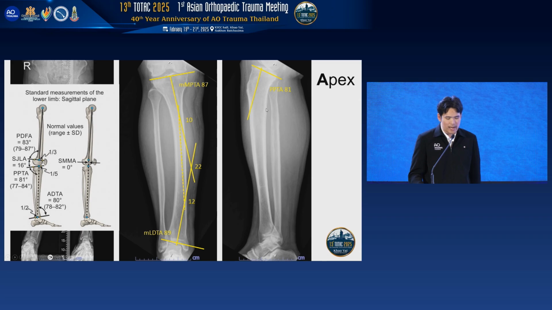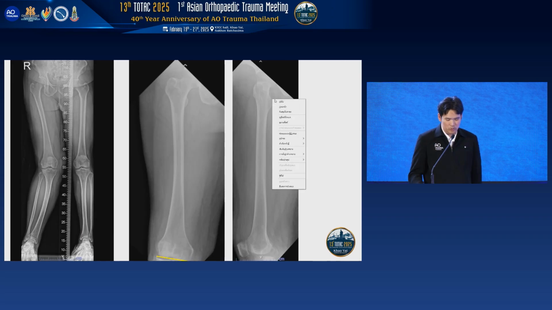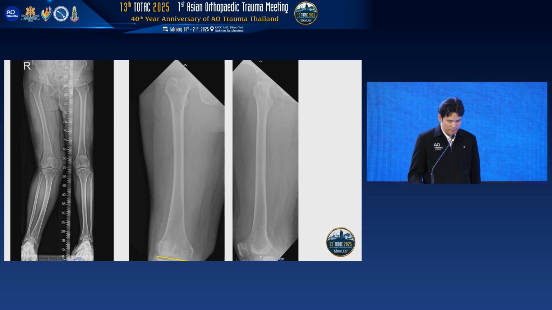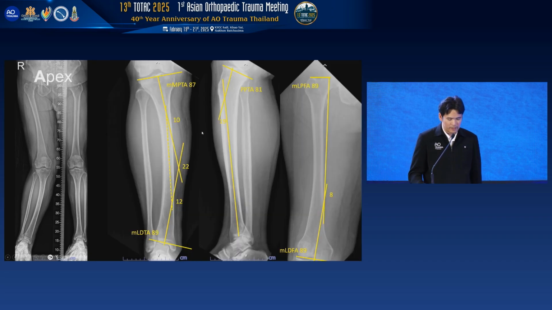And on the lateral view, we can notice that there is increased slope. So we plan to do the closed wedge osteotomy as well to correct the slope of the tibia. And for the femur, if we draw the line, the magnitude is around 8 degrees. So this is my plan at that time.